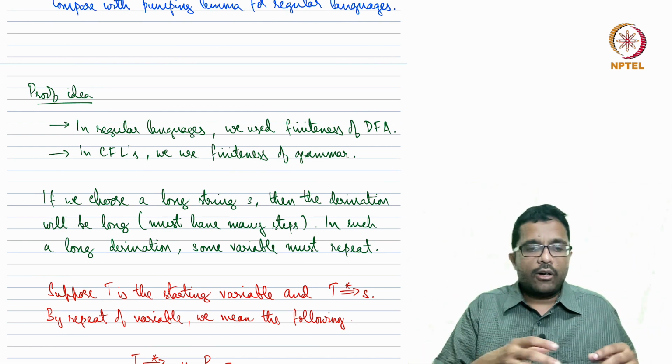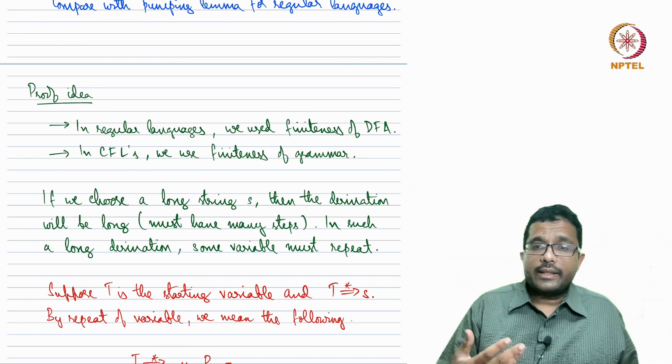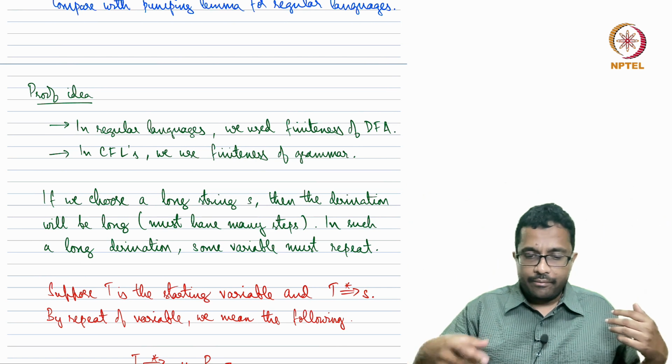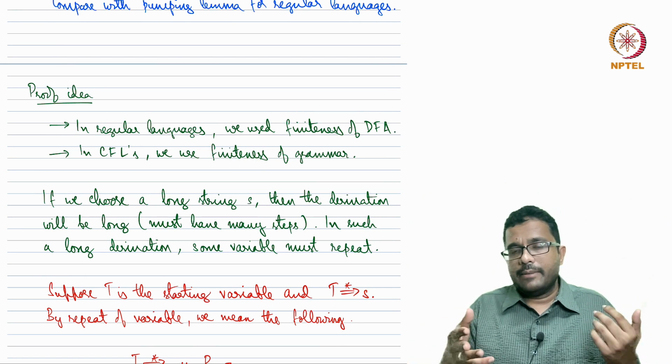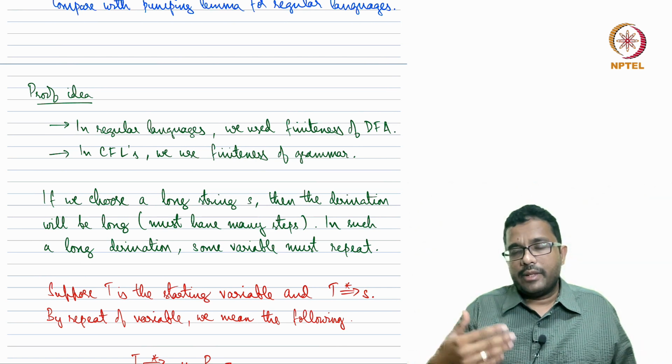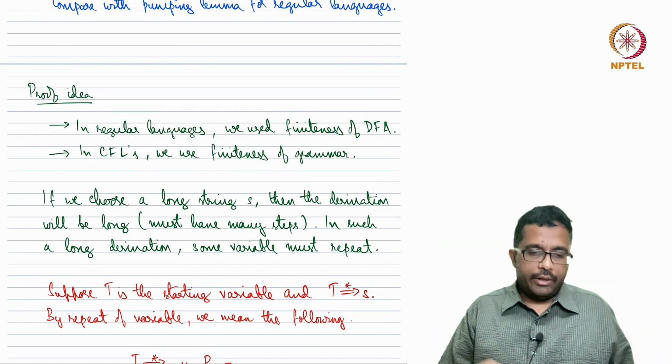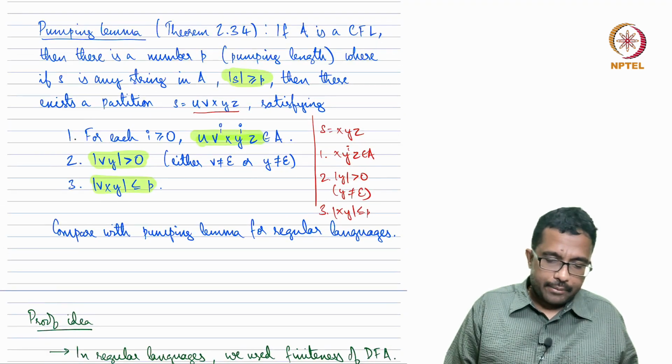So the derivation may be long, and in a long derivation, because you have only a fixed number of variables, some variable must come again. So some variable must repeat. And this is what we exploit to get the pumping lemma.